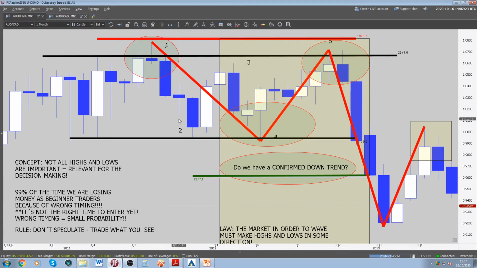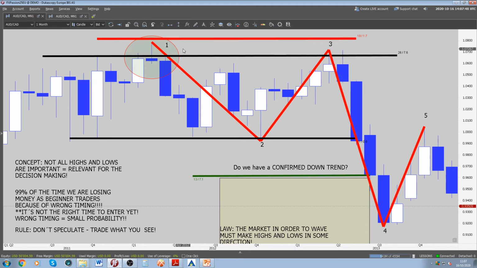This is number 1. This is number 2. This is number 3. Highs and lows. This is number 4. Now that we have a confirmed downtrend, everybody, where should the stop loss go?